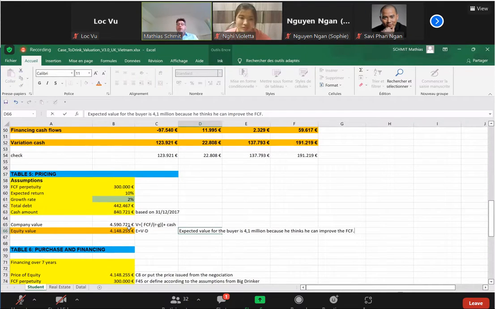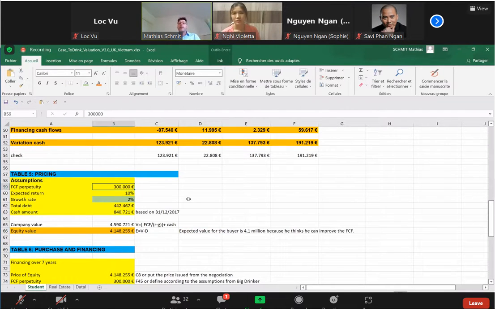Of course not, because you will not pay for what you will do for yourself. You have to pay what the seller has in mind. And the seller has in mind not 300,000, because it's not his competency of improving the free cash flows.